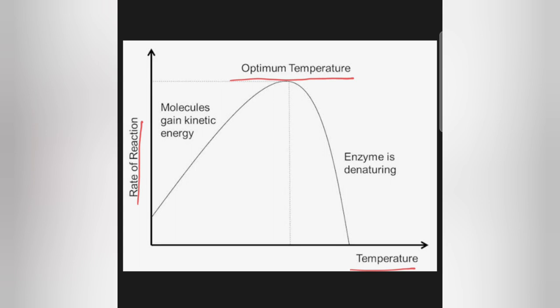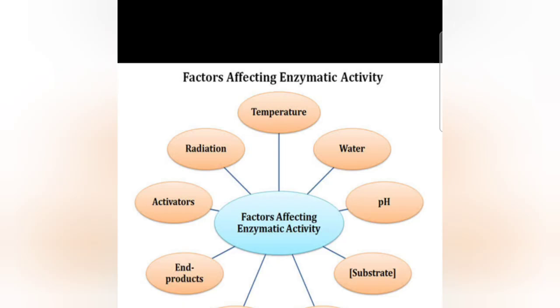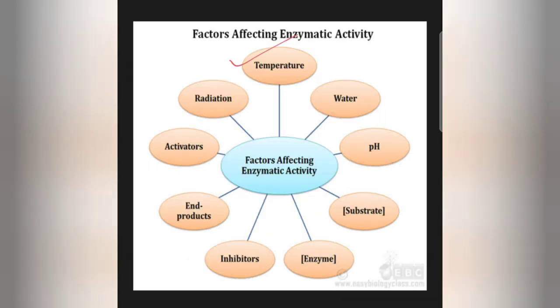So enzyme action is directly proportional to the effect of temperature. Coming back to this picture, we have already done temperature, and we got to know that an increase in temperature increases the rate of reaction.